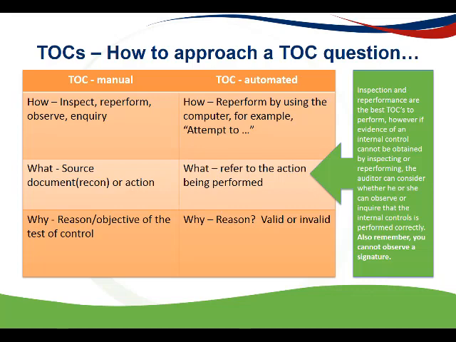What will refer to the source document or the action that will be performed. Why will be the reason or the objective for the test of control. When we look at automated test of controls, the how will refer to the reperformance by using your computer, for example, attempt to. What will refer to the action being performed, and why the reason.